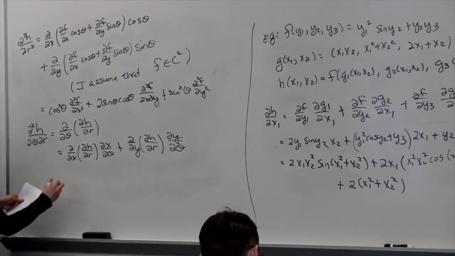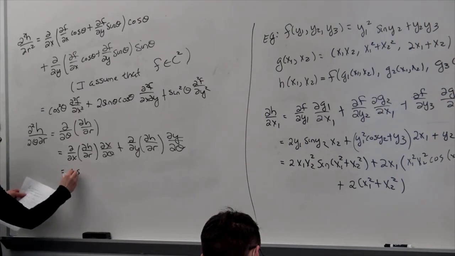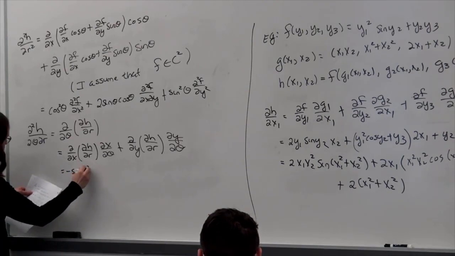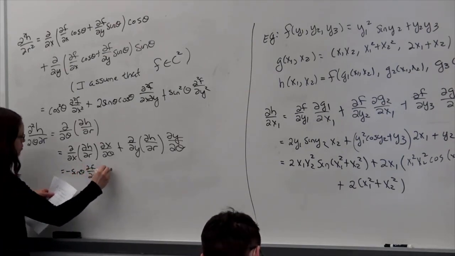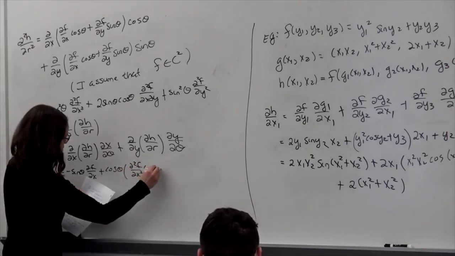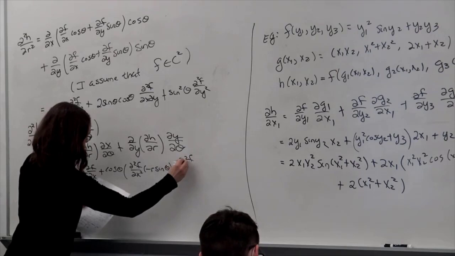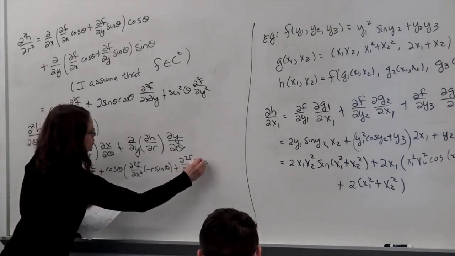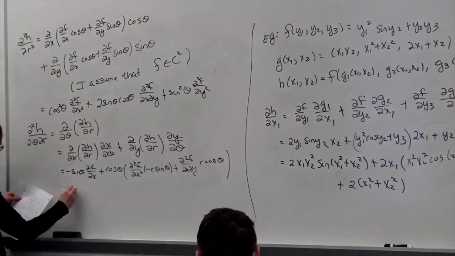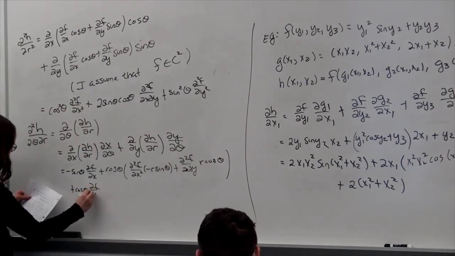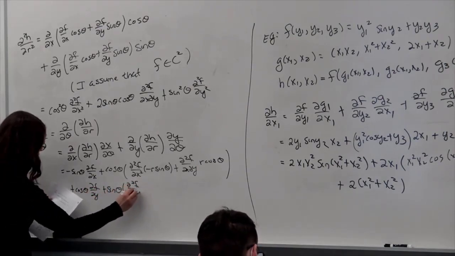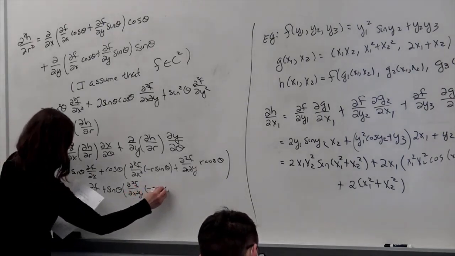And at the end of the day, that is going to be minus sine theta df dx plus cos theta d squared f by dx squared minus r sine theta, plus the mixed partial r cosine theta, plus cosine theta df dy plus sine theta d squared f by dx dy minus r sine theta.